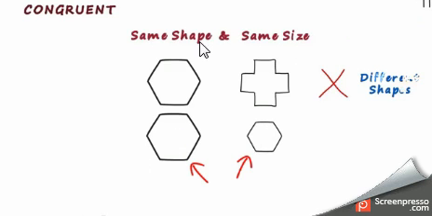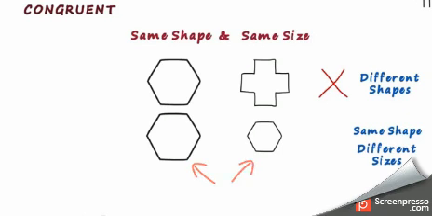No. They have the same shape, but they don't have the same size, so they are not congruent because they have different sizes. Okay, let's take the next example.